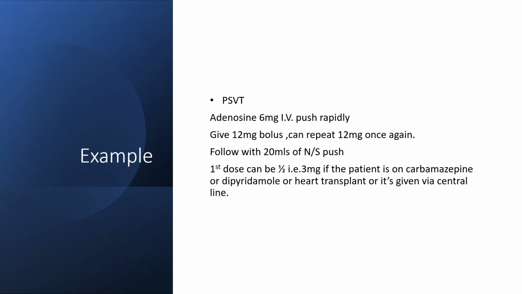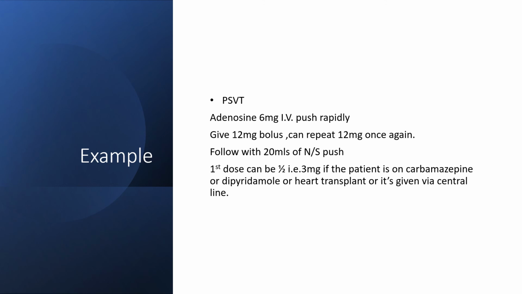Then follow your push with 20 mL of normal saline. The first dose can be reduced to half, that is 3 mg, if this patient is on carbamazepine or dipyridamole, or he or she has received a heart transplant, or you are giving this adenosine through a central line. Then reduce the dosage, please.